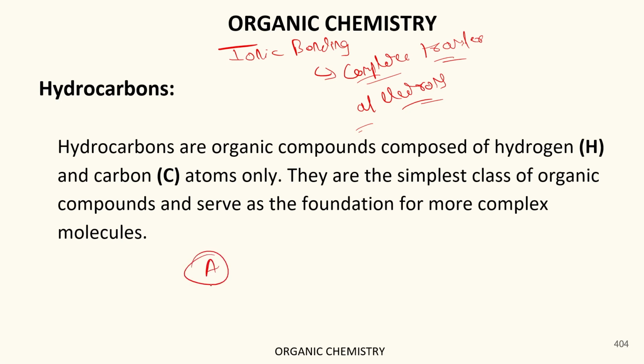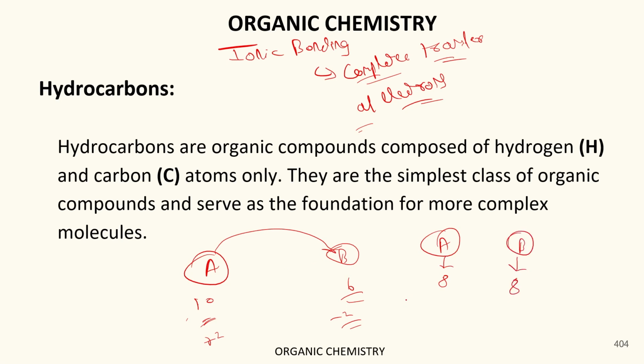For example, if atom A has 10 electrons and atom B has 6 electrons, in this case A has 2 more, in this case B has 2 less, so A will give 2 electrons to B, and then they both will have 8 and 8. Okay, and then you can say they are the stable ones.